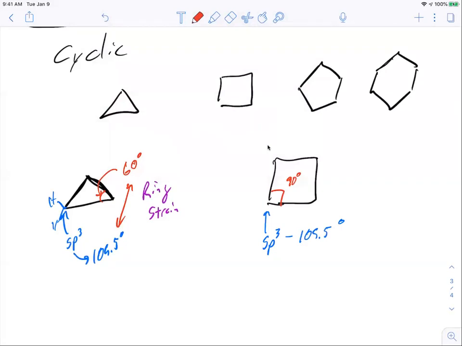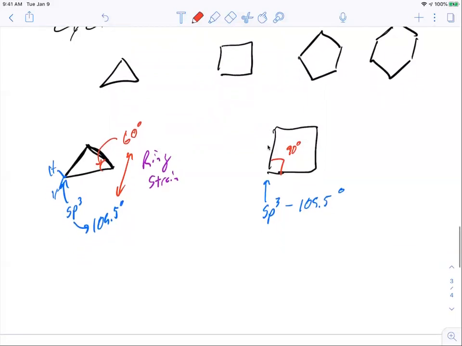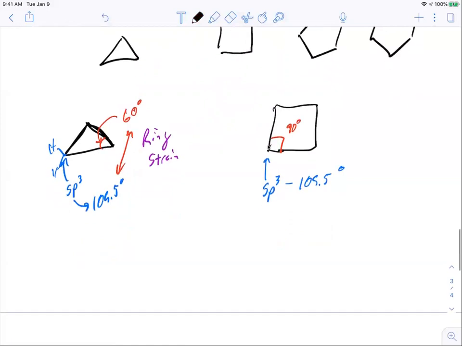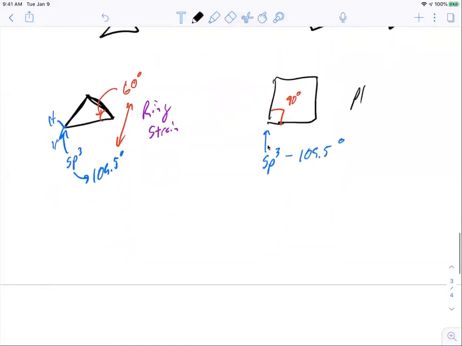So we have ring strain between that 90 and that 109.5. And again, it's just 4 carbons. We can't do anything with the 4 carbons, right? They're all in the same plane. I can't do much. Okay, so it's planar, meaning that's all in the same plane. I'm not going to be able to relieve that strain. It just has a lot of strain in it.